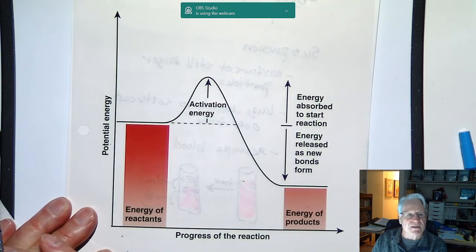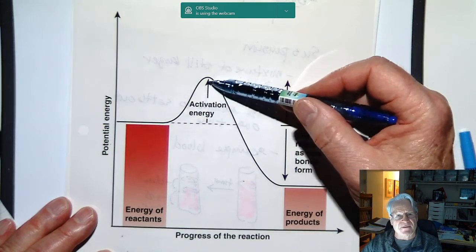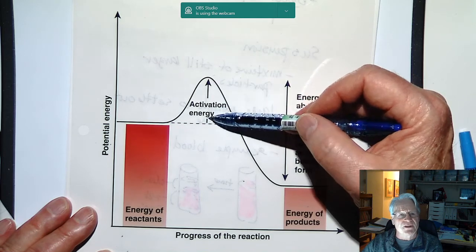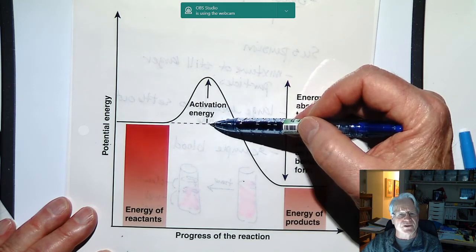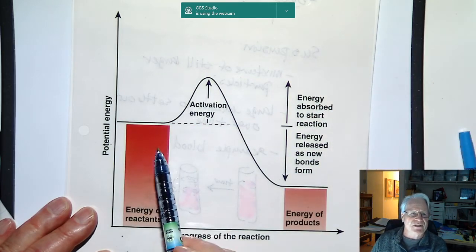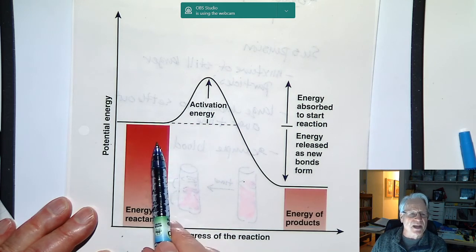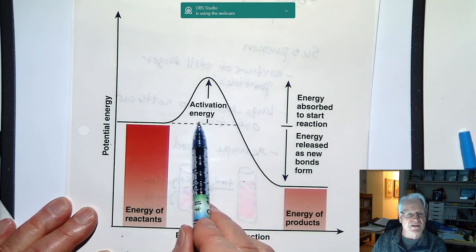And what the enzyme does is it lowers that activation energy. So the amount of energy you have to put into a reaction to make it go forward is called the activation energy. And enzymes lower the activation energy, and so that can be driven forward. So notice that in this condition, if we have an enzyme present, that reaction will happen without adding any additional energy.